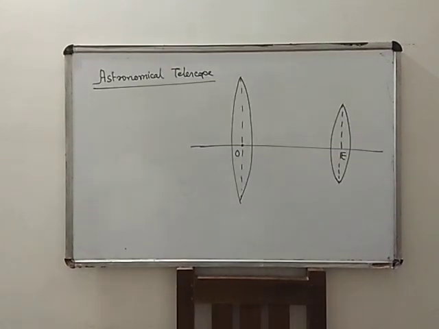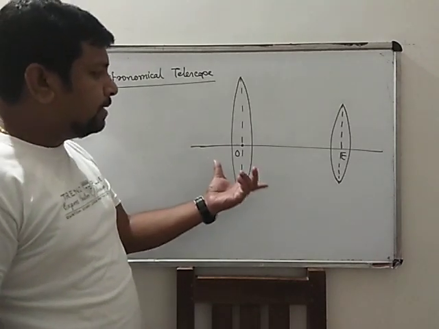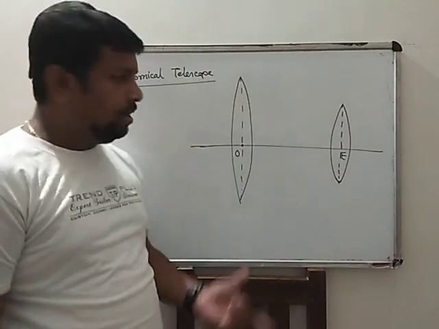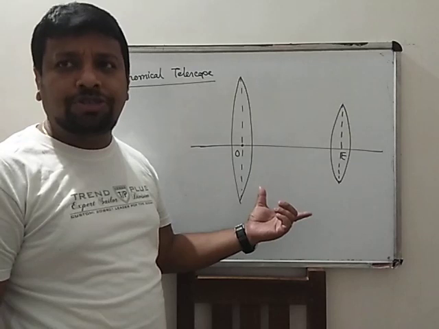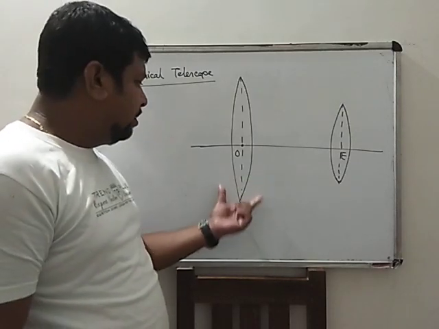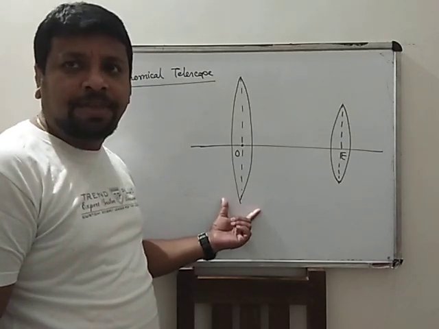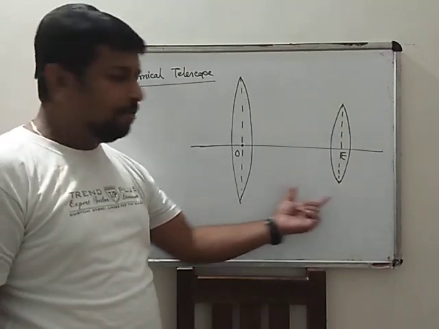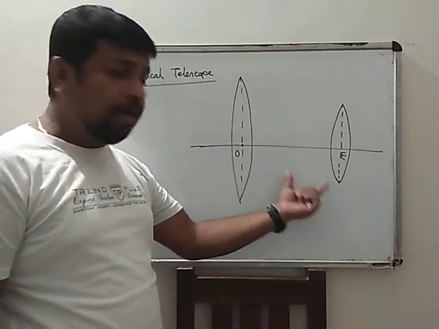Students, see, the astronomical telescope is similar to the compound microscope. Here two lenses are used. This is known as the objective and this is the eyepiece.